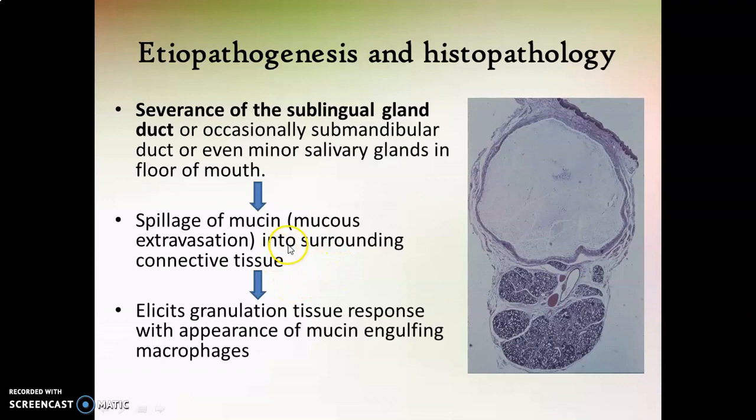As I said in mucocele, the mucin will elicit a granulation tissue response within the connective tissue. So, histopathologically, the lesion consists of spilled mucin surrounded by granulation tissue response, even with macrophages, which function to engulf the spilled mucin.